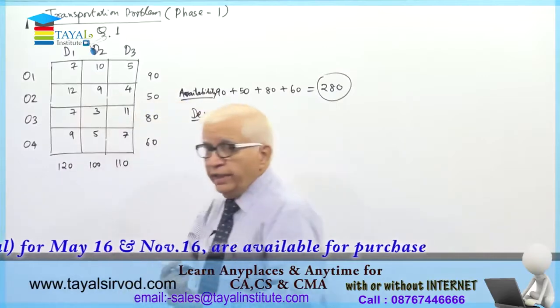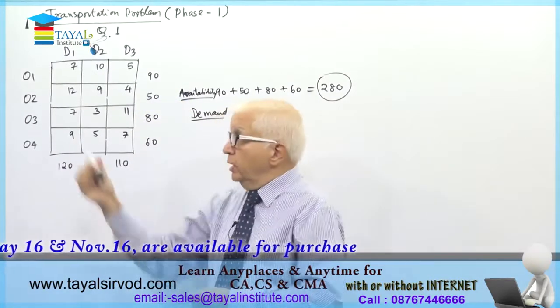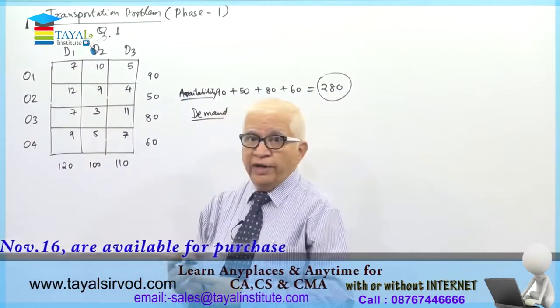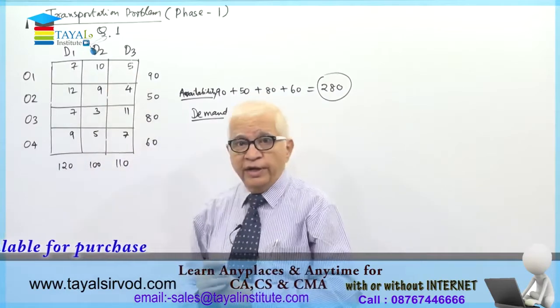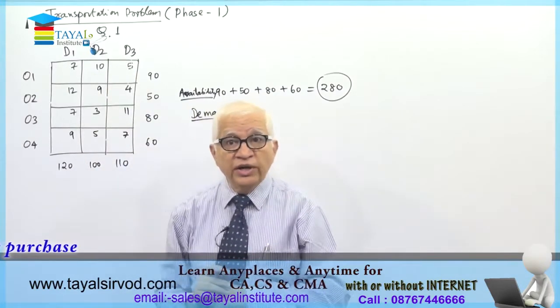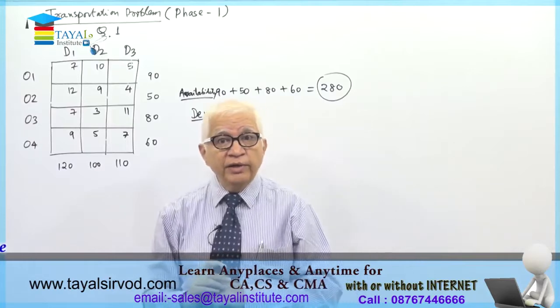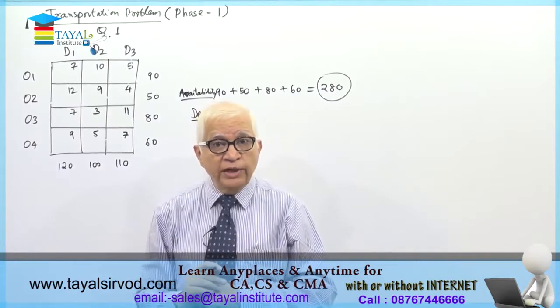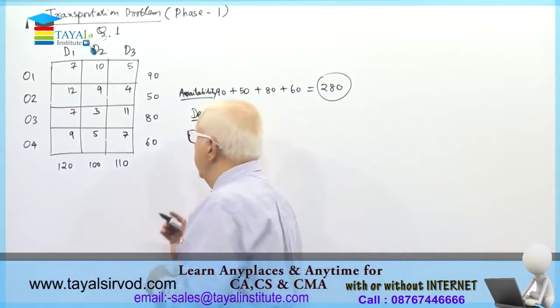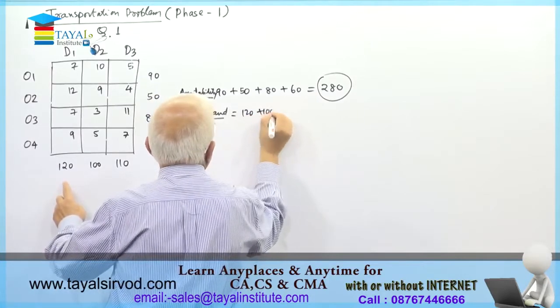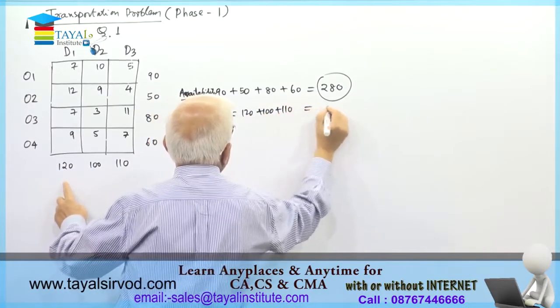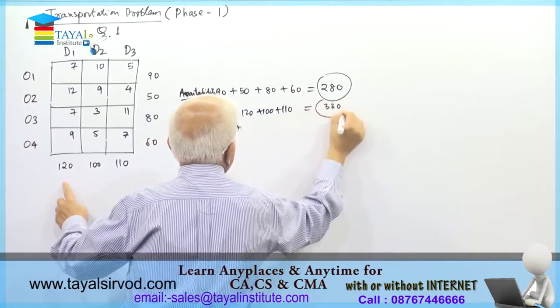Demand is indicated at the end of the column. Destination 1 has a demand of 120, destination 2 has a demand of 100, destination 3 has a demand of 110. This totals to 330, different than the availability. Availability is 280, demand is 330. So demand is equal to 120 plus 100 plus 110 equal to 330.